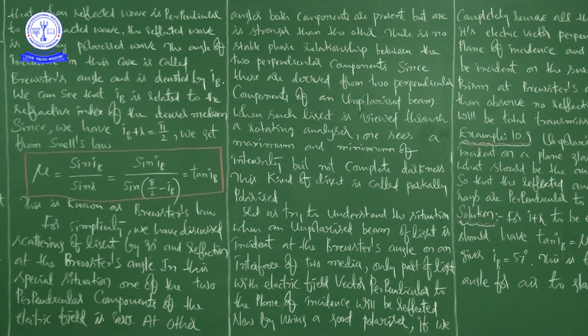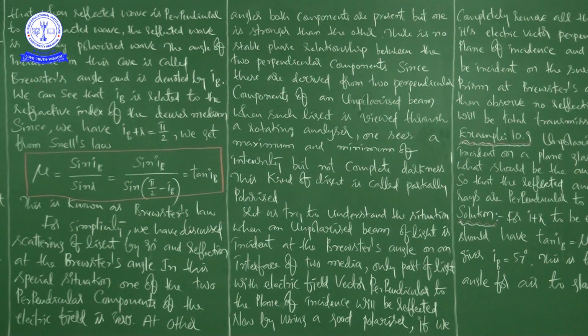Now, by using a good polarizer, if we completely remove all the light with its electric vector perpendicular to the plane of incidence, and let this light be incident on the surface of the prism at Brewster's angle, then you observe no reflection and there will be total transmission of light.